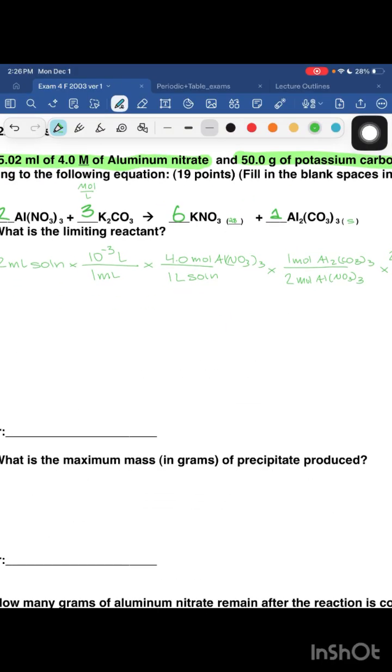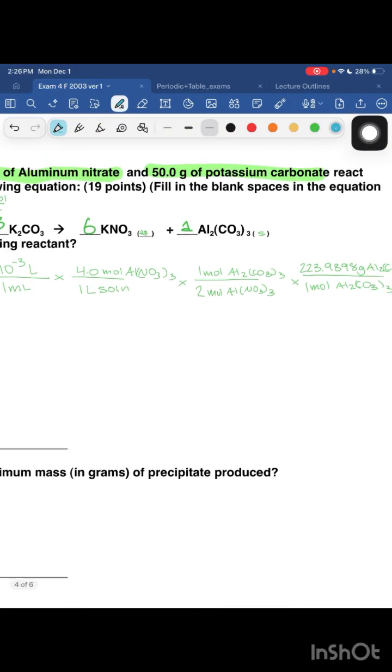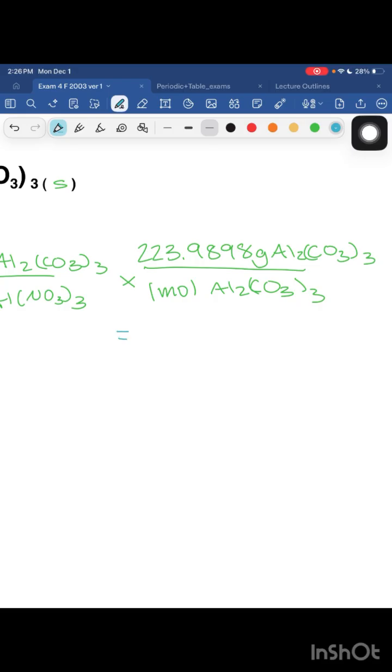I guess I don't have enough room. That's okay. So when calculated, our product is going to be 28.2. No, it's not. I'm looking at the wrong one. So when added together or calculated, our total comes out to 16 grams of Al2CO3.